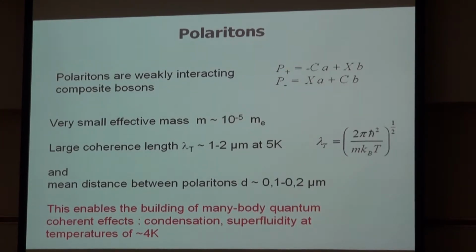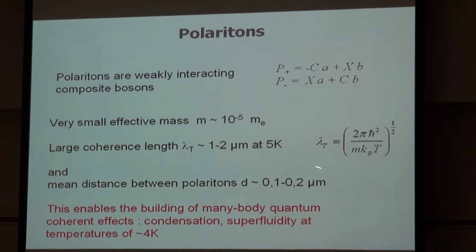Okay, so going back to all these properties, they are a superposition of photons and excitons. They have a very small mass, about 10 to the minus 5 the mass of the electron, and this gives a large coherence length even at 4 or 5K where we are. Of course, we have to work at low temperature, but helium temperature is fine.